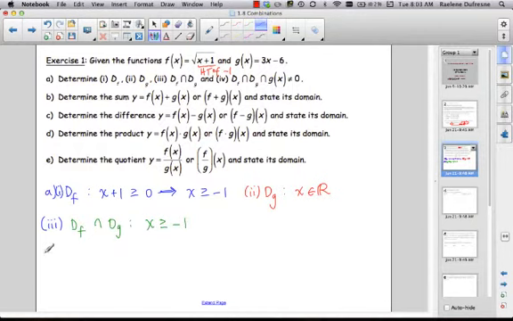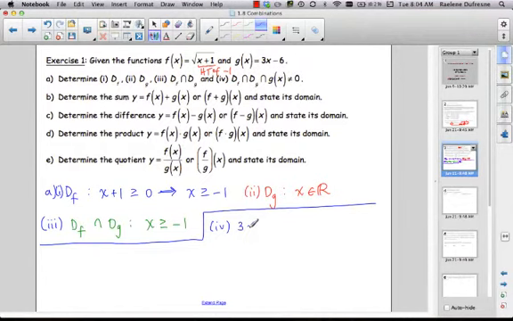In the last part of this question, part 4, we want to talk about the intersection of f's domain, g's domain, and the set where g of x is not equal to 0. So when g of x is equal to 0, that is referring to the x-intercept. So we're talking about not the x-intercept.